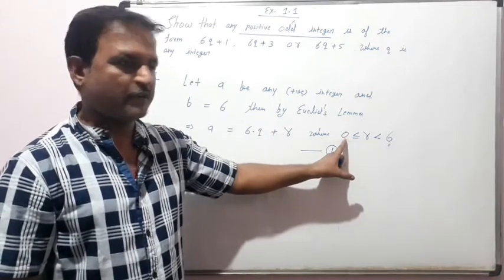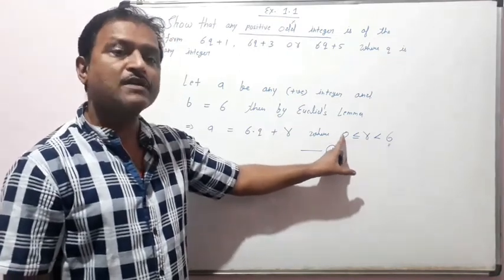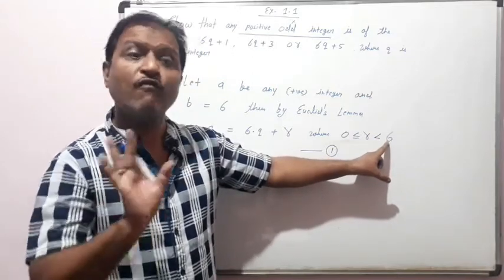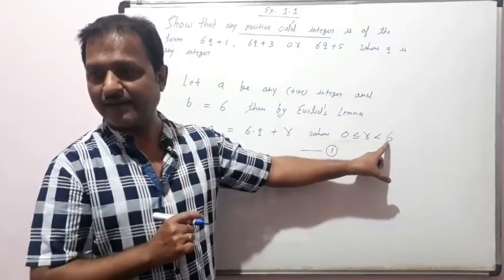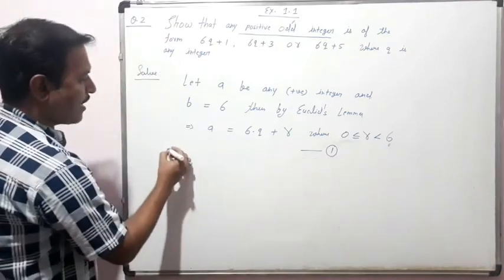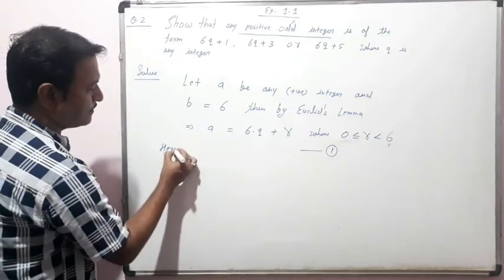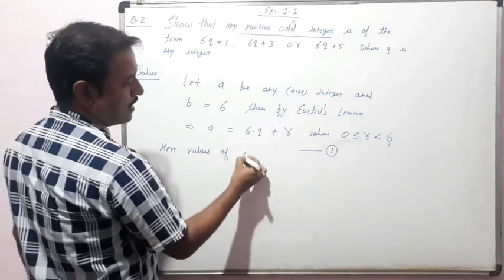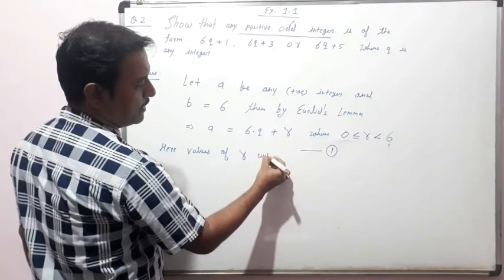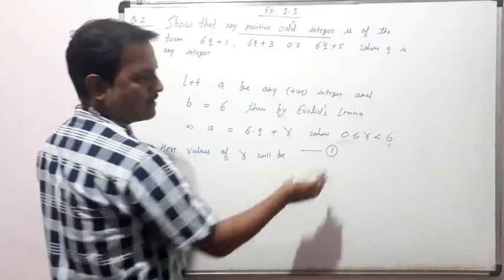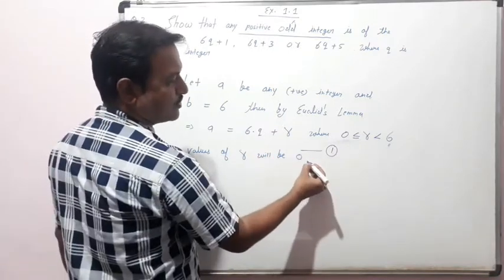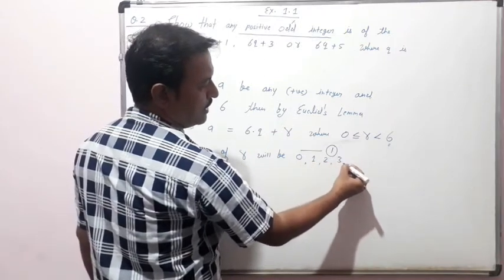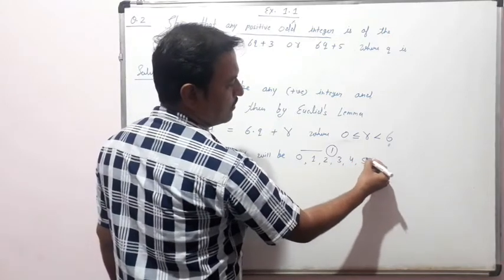That means the value of r starts from 0 and goes up to under 6, that means up to 5 in integers. So the values of r will be 0, 1, 2, 3, 4 and 5.